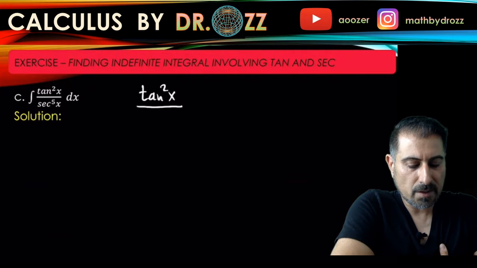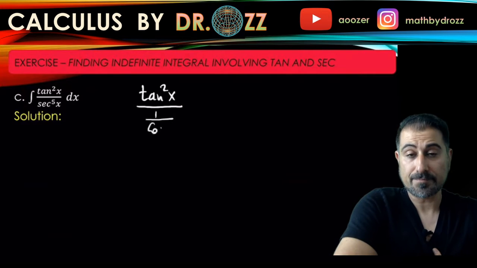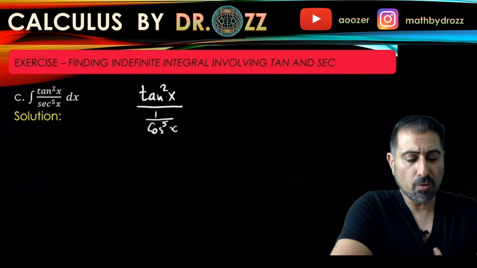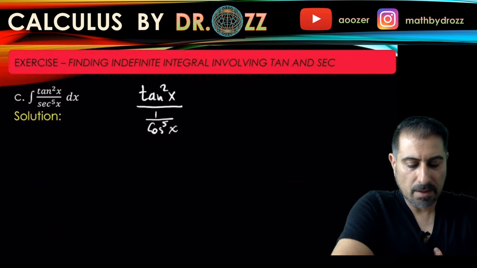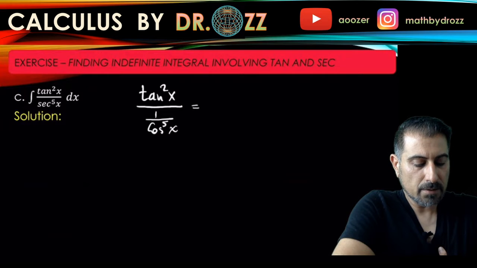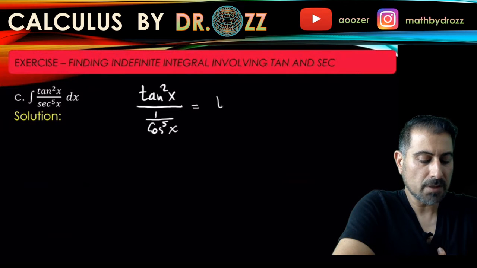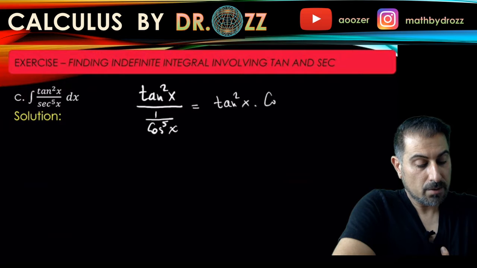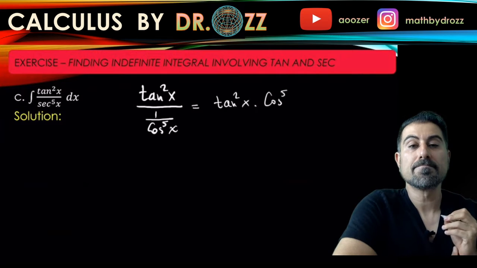So I can write this as 1 over cosine to the fifth x, and I can flip the bottom over. So this becomes tan squared x times cosine to the power of 5x.